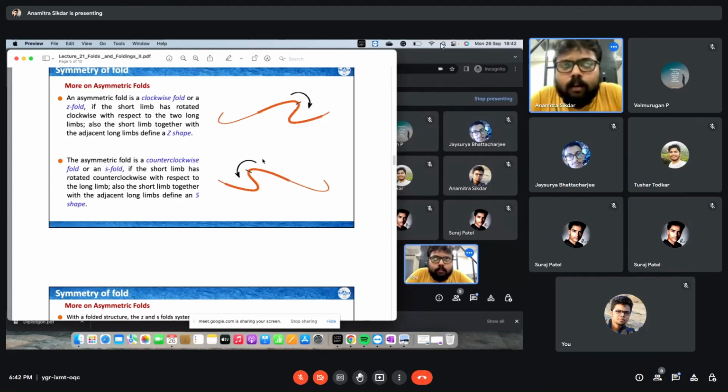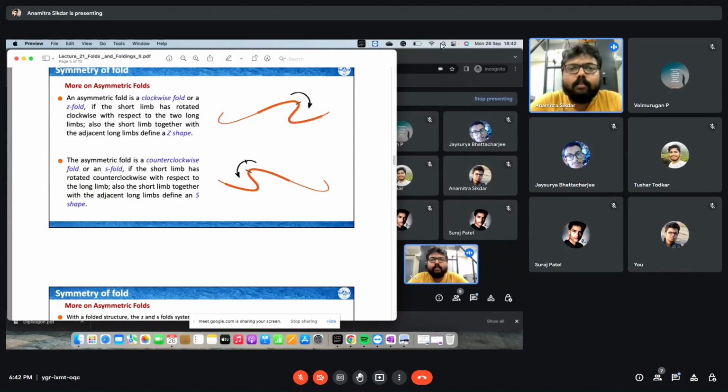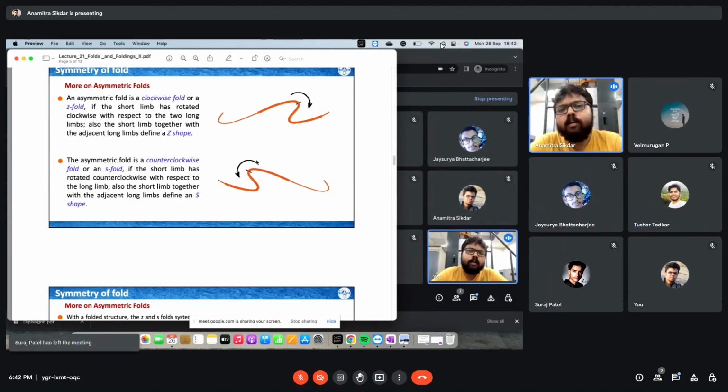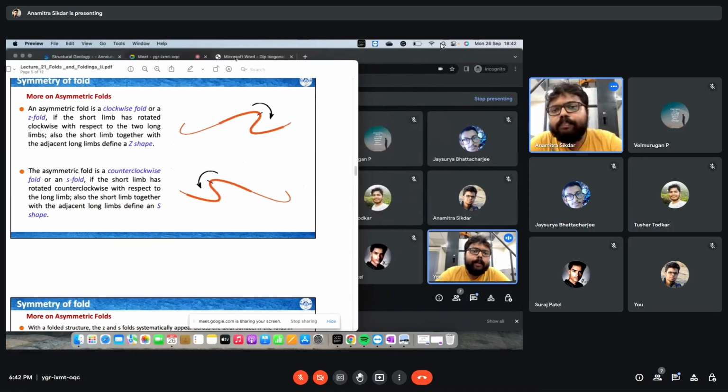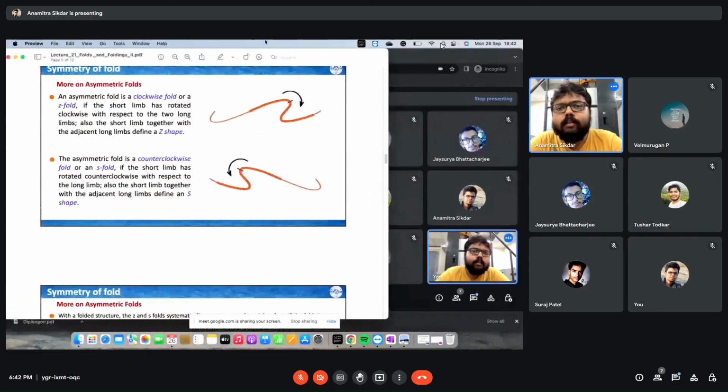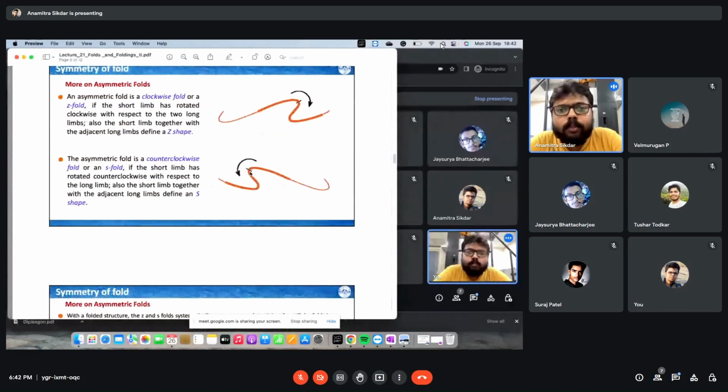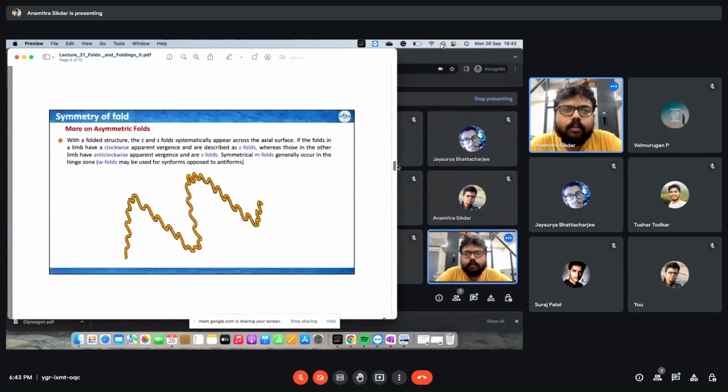The terms sinistral and dextral, we can actually relate to those. The counterclockwise movement we always call sinistral movement, and the clockwise movement we call dextral movement. So the clockwise fold will be a Z fold and the anticlockwise fold will be an S fold.